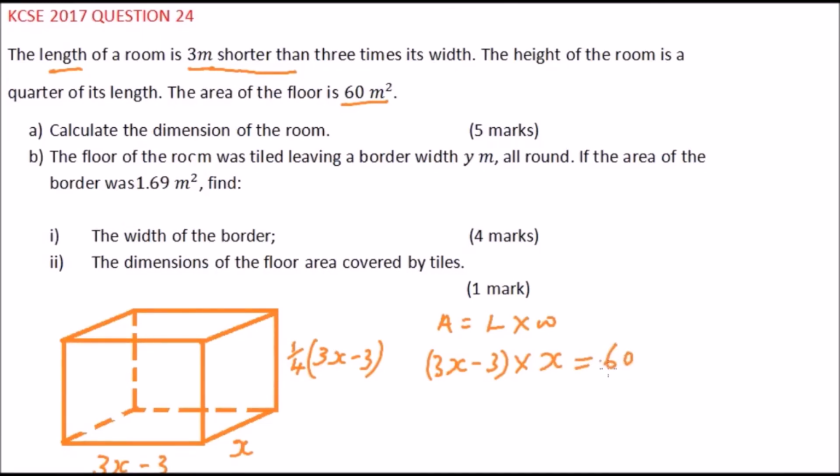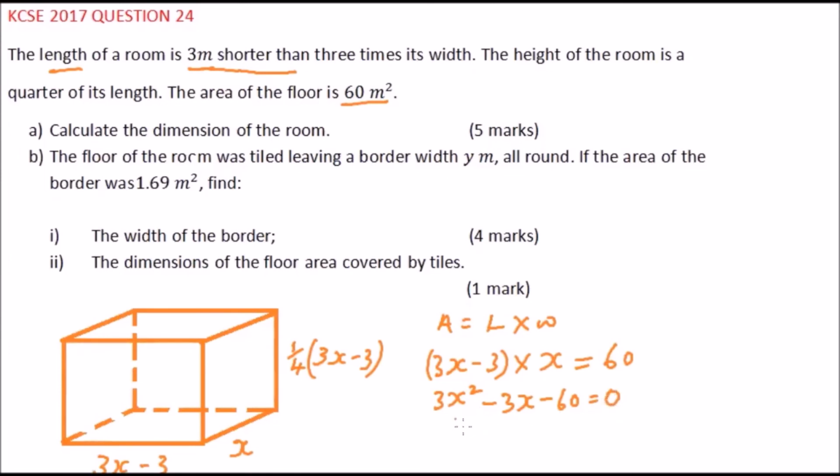So this now becomes an equation which we can expand and say this is 3x squared minus 3x. We bring 60 to this side, it becomes minus 60 is equals to 0.